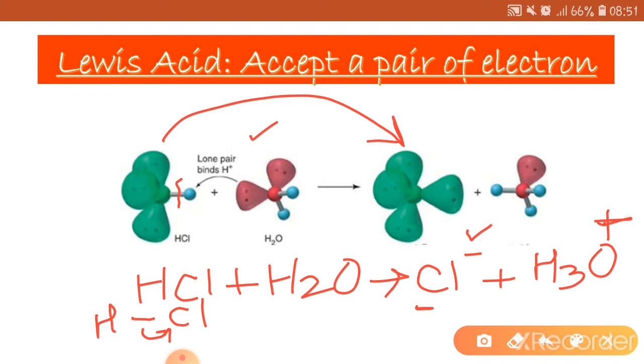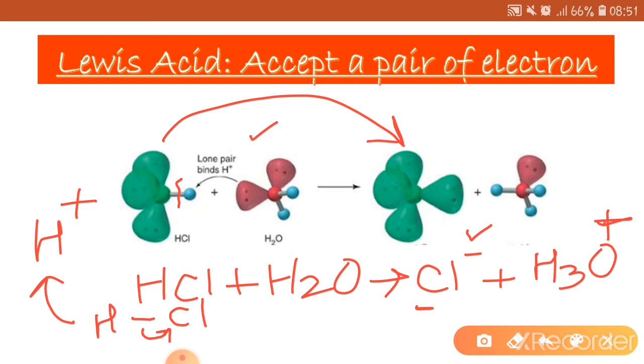Now when this hydrogen atom gave its electron to chlorine atom, it has been converted into hydrogen ion or the proton. Now it doesn't have any electron in its valence shell in order to form any bond with other substance.